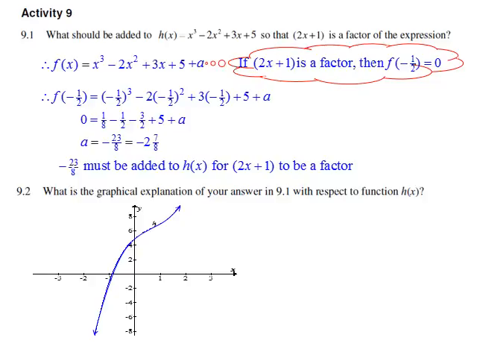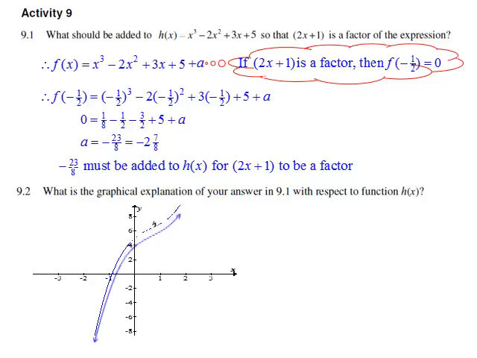So basically, what we were asked in 9.1 is what should we do to function h so that 2x plus 1 is a factor, which would imply that x equal minus a half is an x-intercept.